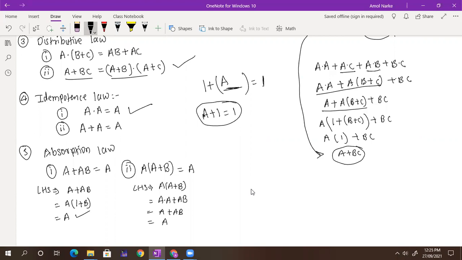It is A. So this is called the absorption law. It absorbs that B. Just like we looked at the distributive law and absorption law, we needed the idempotent law, right? Yes, we required it. This is also an important point.